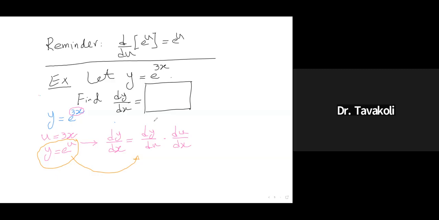This part, the derivative is, by that reminder, still e to the power of u. u is 3x. The derivative of 3x is 3. So what's the final answer? e to the u times 3, or 3 times e to the power of u. And we know that in terms of x, u is 3x. So 3 times e to the power of 3x is the final answer.